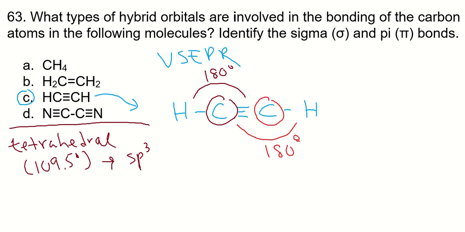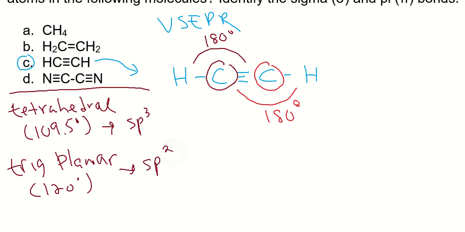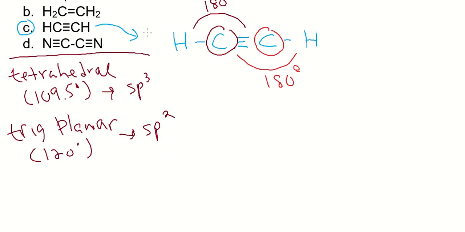If you need trigonal planar, in other words 120 degree bond angles around the central atom, you're going to need sp2 hybridization, and that's because sp2 will give you 3 equivalent bonds. sp3 hybridization will give you 4 equivalent bonds, which is what you need for tetrahedral.